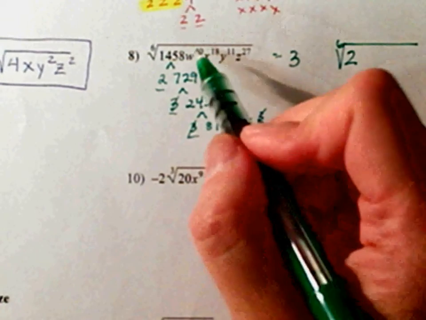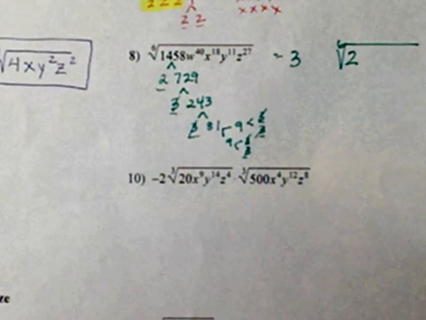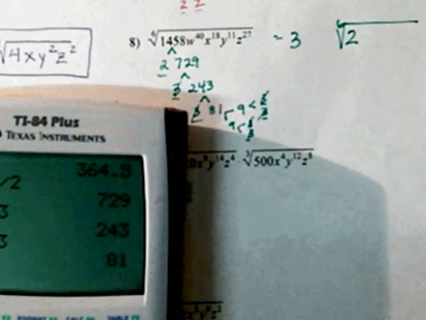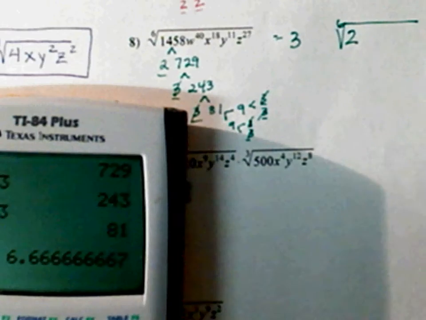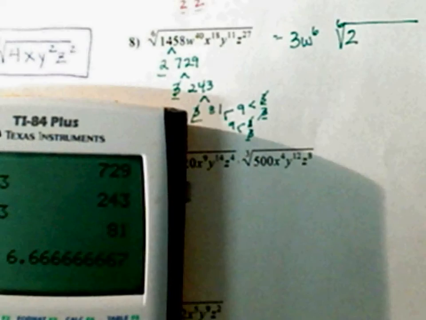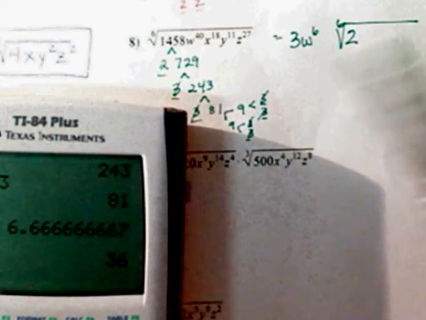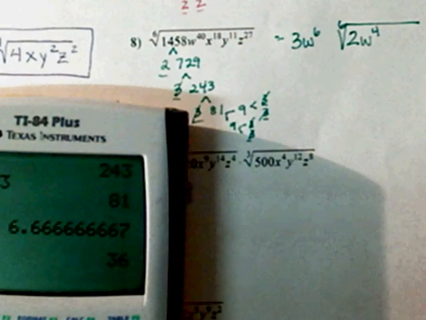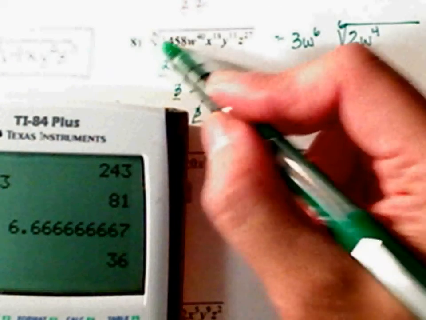W, okay? 40 divided by 6 gives you 6, so W to the 6. 6 times 6 is 36. From 40, that leaves you 4 behind. That's your remainder. Next, 18 divided by 6 leaves you 3.